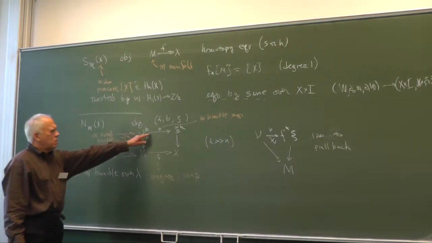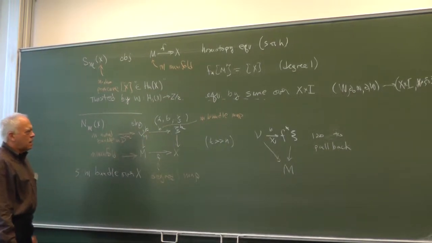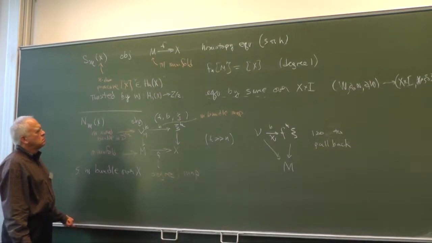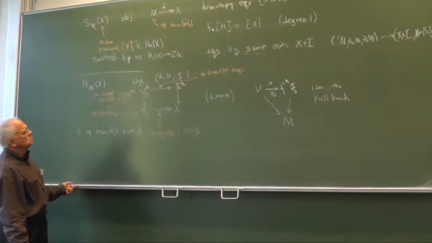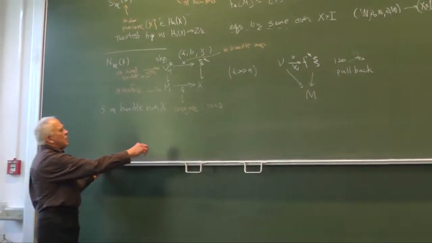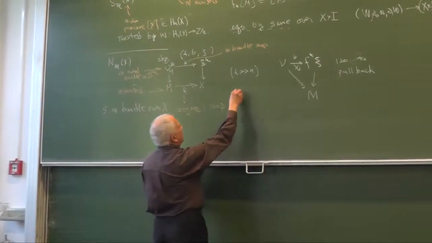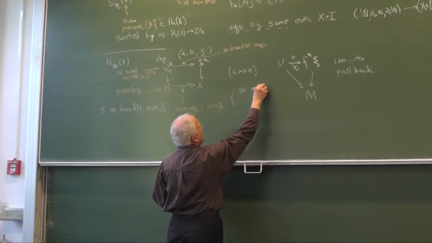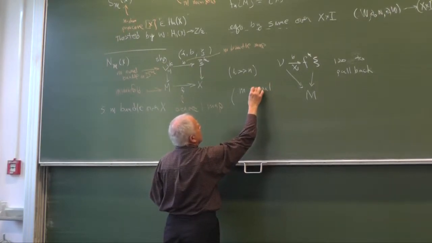So that's what I mean here, and this apparatus is called a normal map.